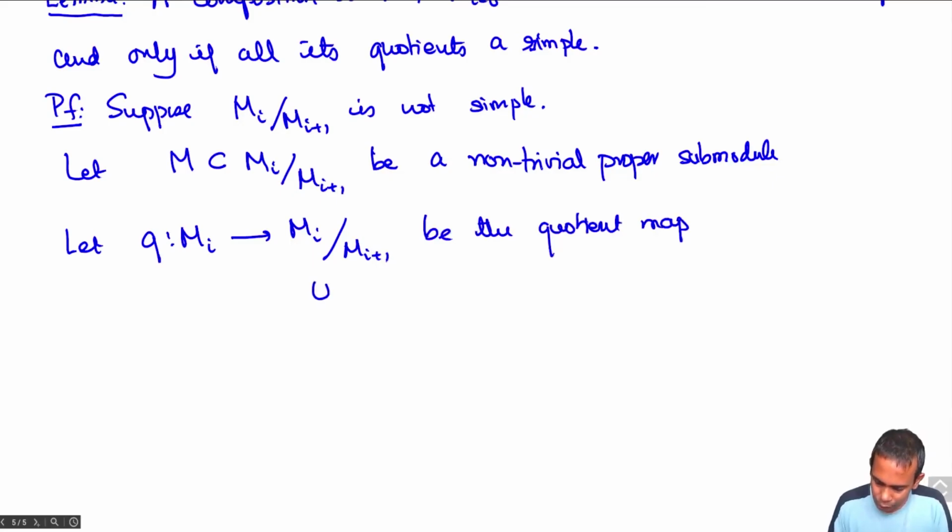And in here you have M, which is a submodule, and you can look at Q inverse M, which is contained in this.